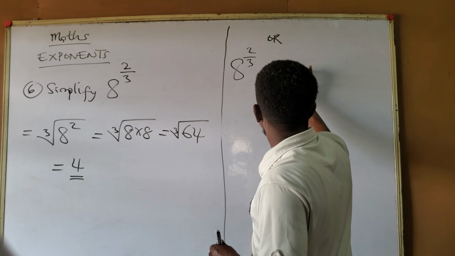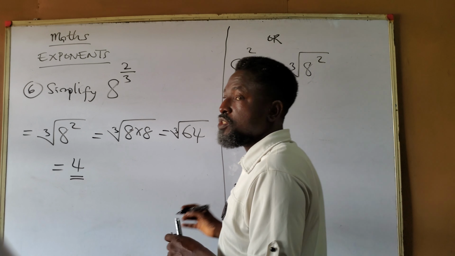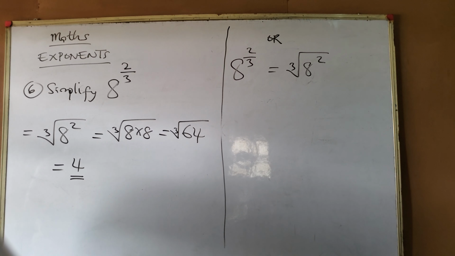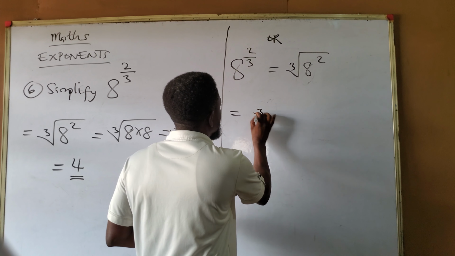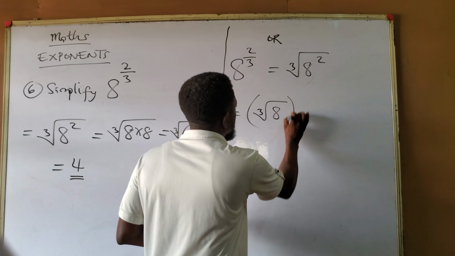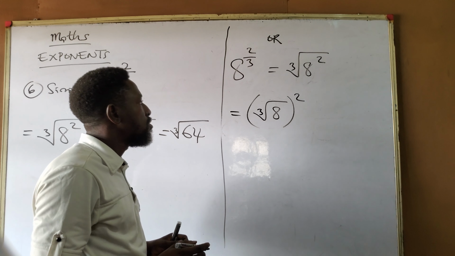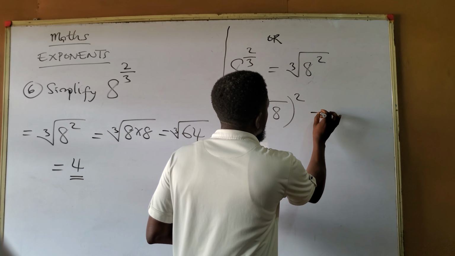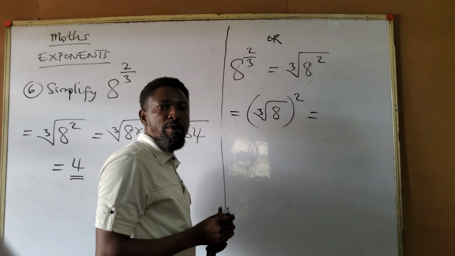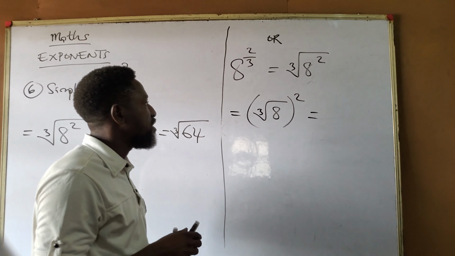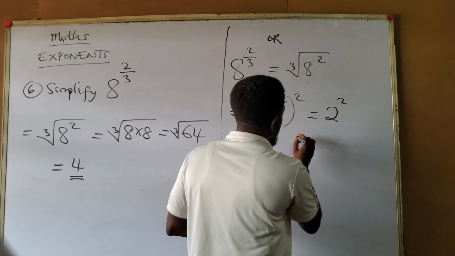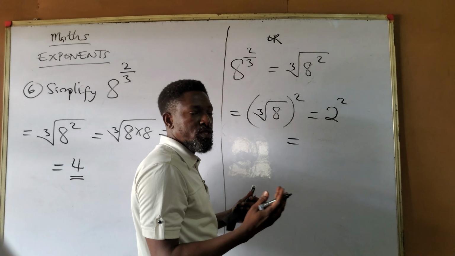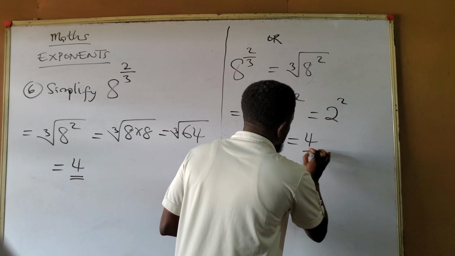This one will be the cube root of 8 to the power 2. So now we can write this as the cube root of 8, all raised to the power 2. The cube root of 8 is the number that multiplies itself 3 times to get 8, and that number is 2. And raised to this power 2, of course, 2 raised to the power 2 means 2 times 2, and the answer to that is 4.